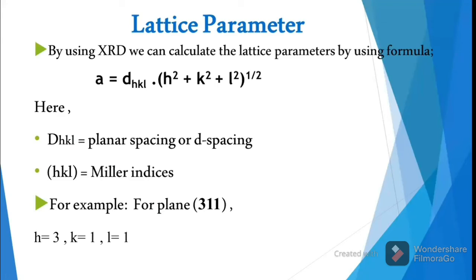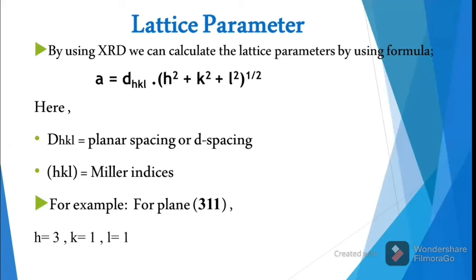After getting those values for each peak, we came to know our HKL parameters. Let's suppose we have 3, 1, 1 parameters, meaning H has a value of 3, K has a value of 1, L has a value of 1. So we can easily calculate this value.